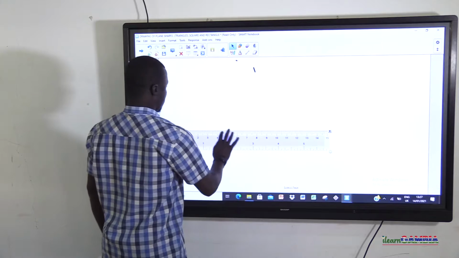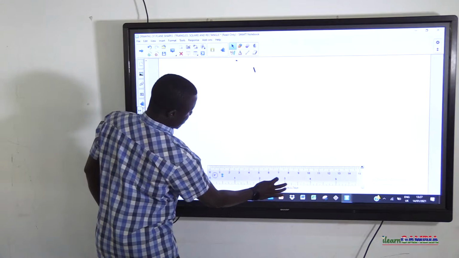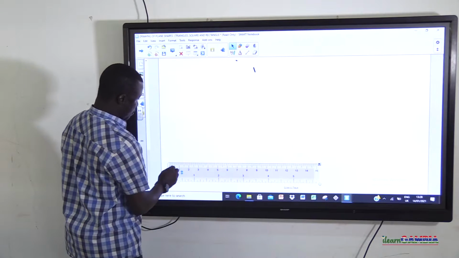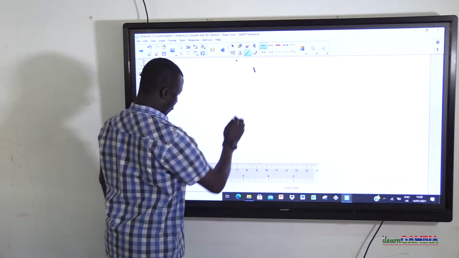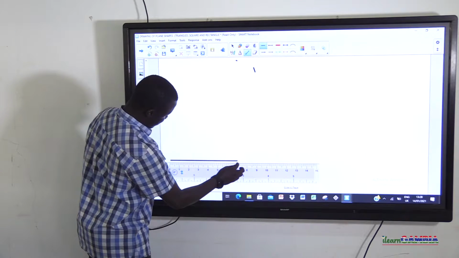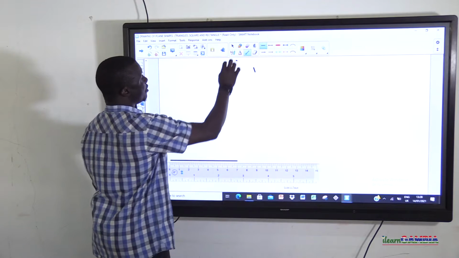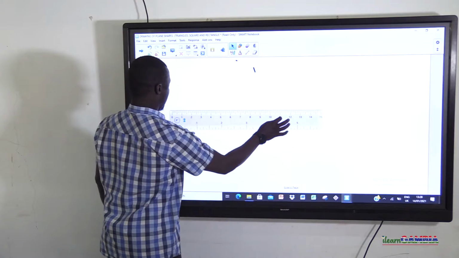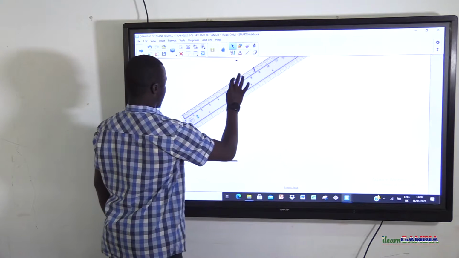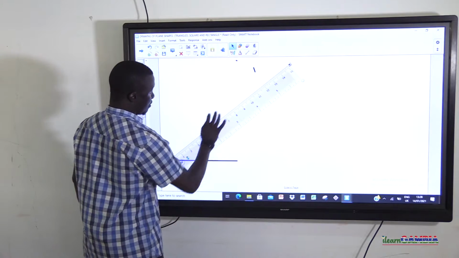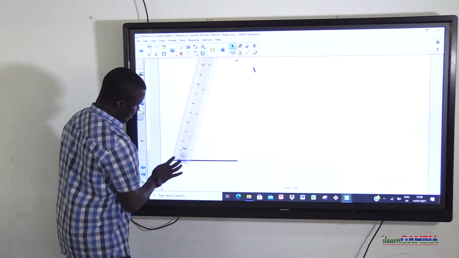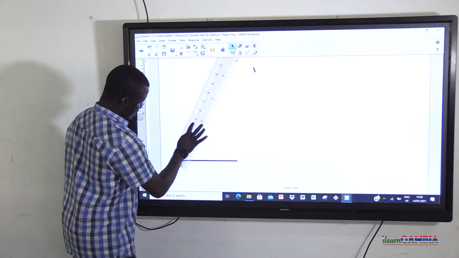Drag back a little bit. Let's say every side of the triangle would be 7 centimeters. That's our 7 centimeters mark here. And again, we need to make sure all the sides of the triangle are exactly 7 centimeters.